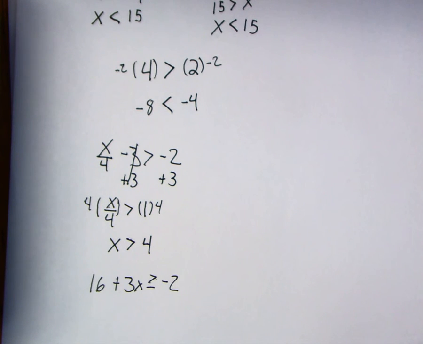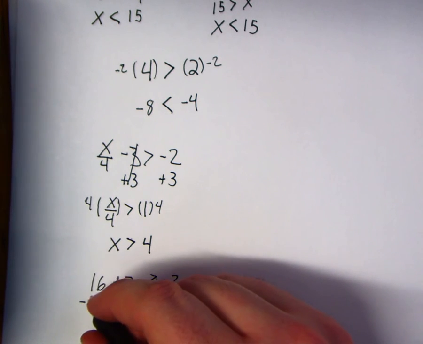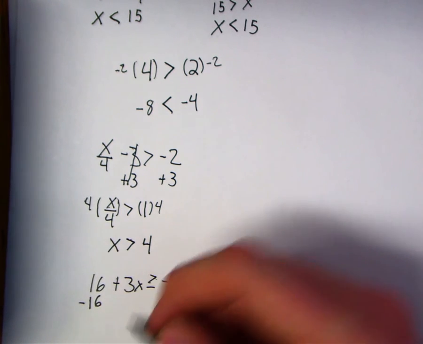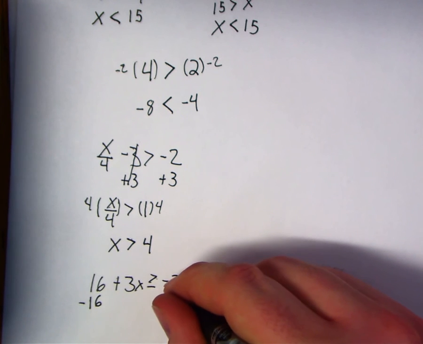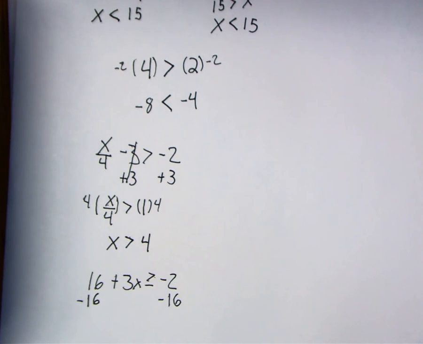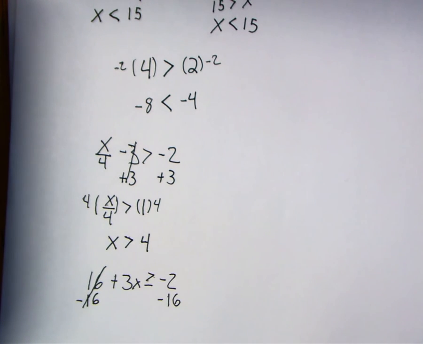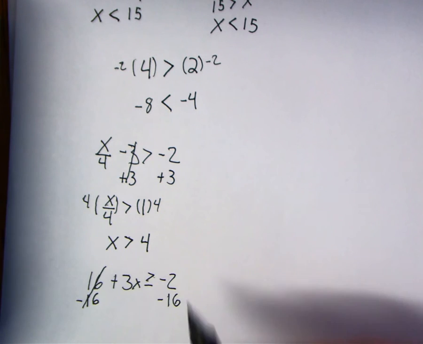Before we start, hopefully everybody's paused the video. Make sure you do that. Alright, I'll assume you paused. Let's start it up, and we are going to start by subtracting 16 off of both sides. Positive 16, subtract the 16, that's going to give us a 0.